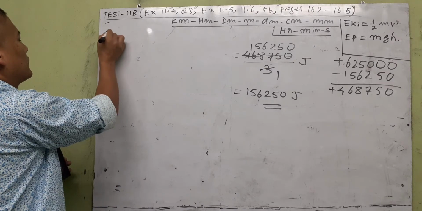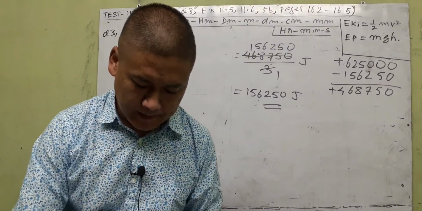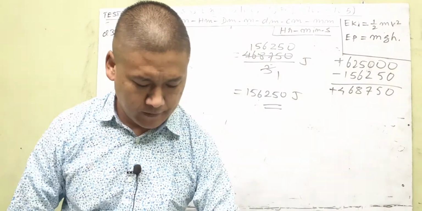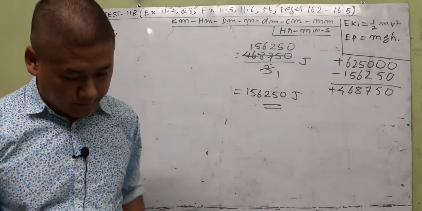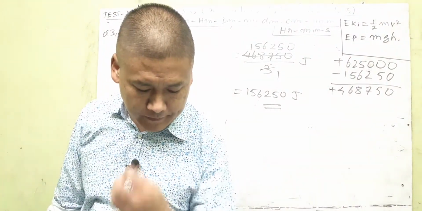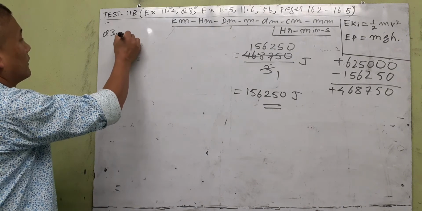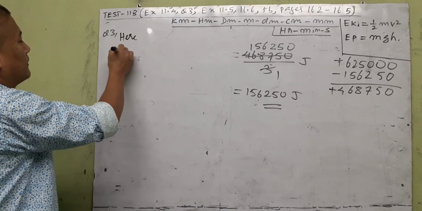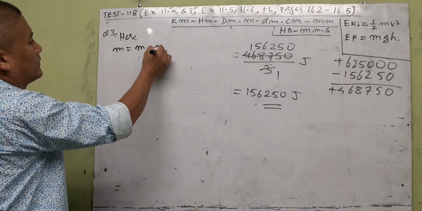I'll go to question number 3. I think this is on page 163 if I'm not wrong. Yes, the blue letters there at the top left side of page 163. The kinetic energy of an object of mass m. So here, m is the mass given in the question itself, mass of the object.